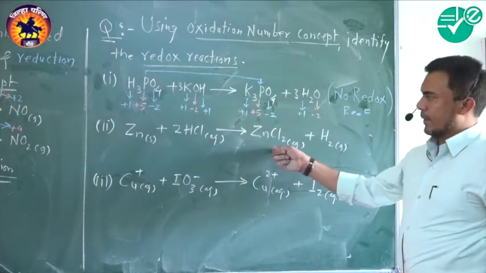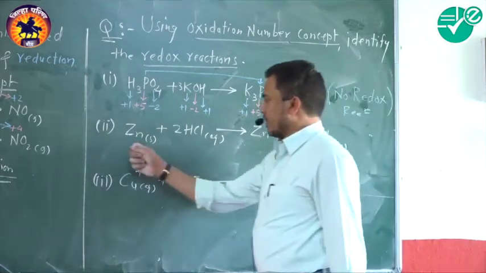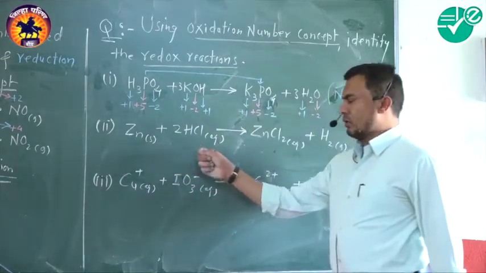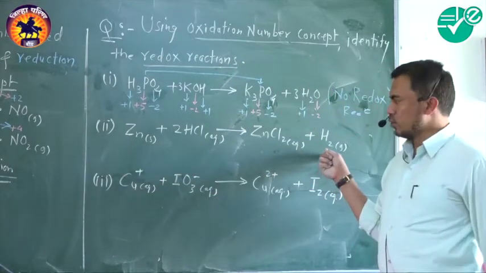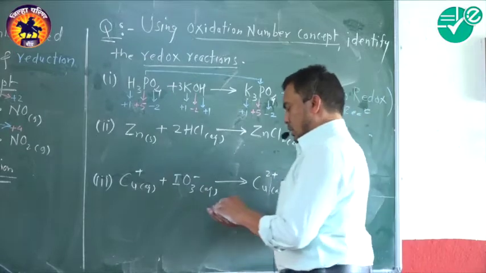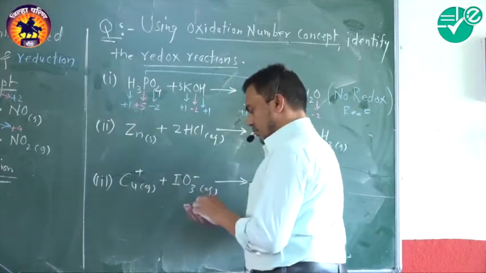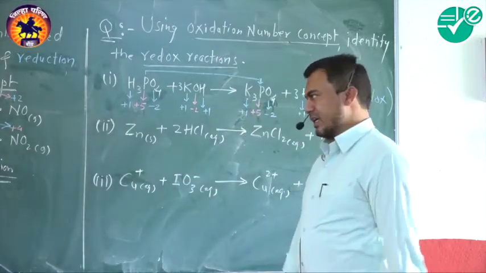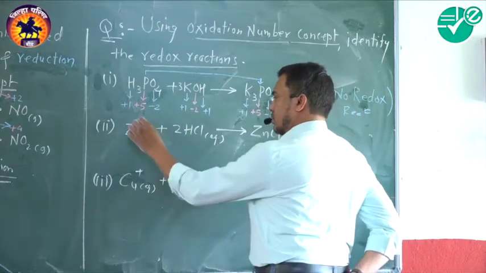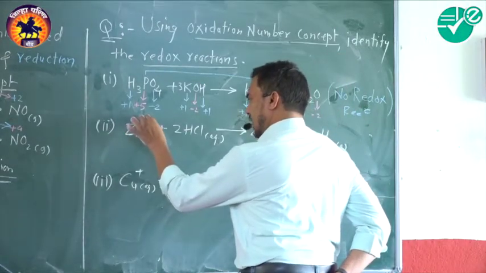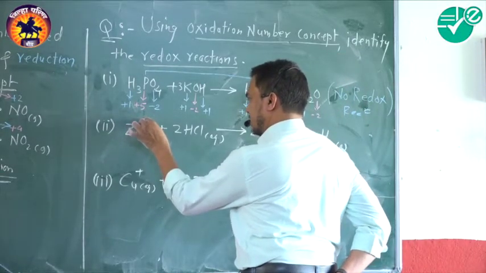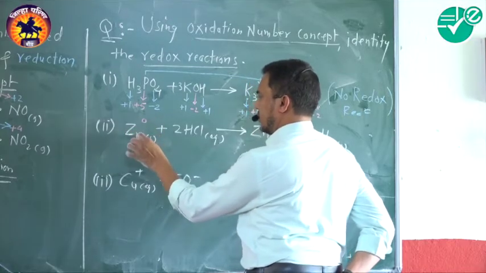We'll see the next one. In this case, zinc is treated with HCl to form zinc chloride and hydrogen gas. Now, as we know, the first rule for assigning oxidation number is that elements in a standard form or standard state have oxidation number 0.